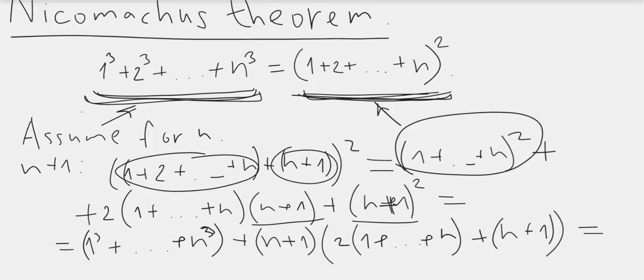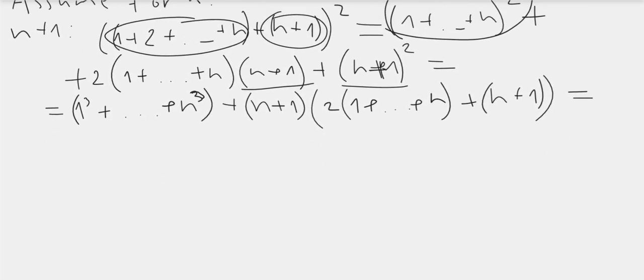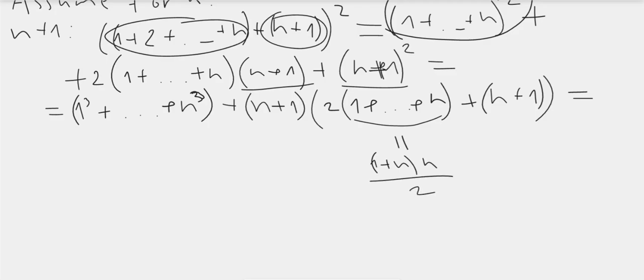Now we use another well-known identity to find this sum, because it's a sum of an arithmetic progression. So it's equal to 1 plus n multiplied by n divided by 2.